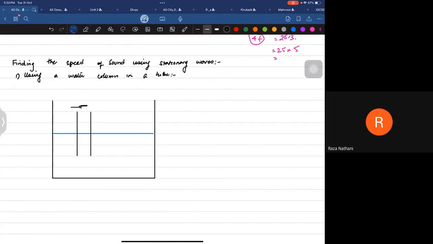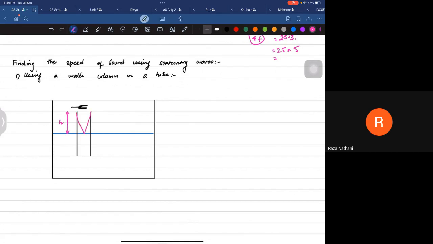A tuning fork is an instrument that gives you a very specific frequency of sound. If you go to a doctor to check your ears, they also use this. Suppose when you're moving the tube up and down, at one point you will hear the loudest sound. You say, okay, this is the height of the tube where a stationary wave has been formed.